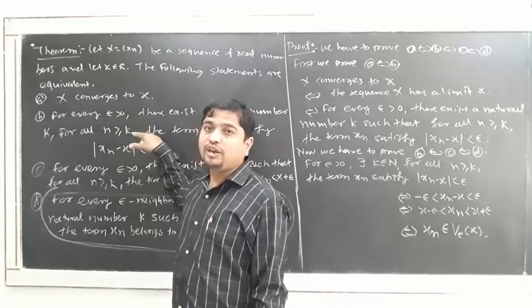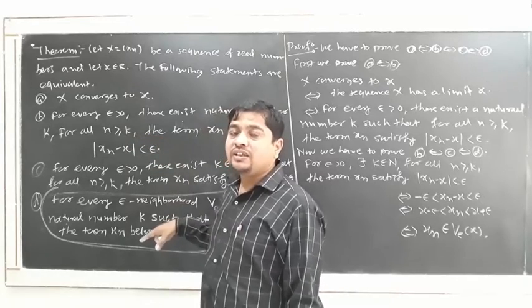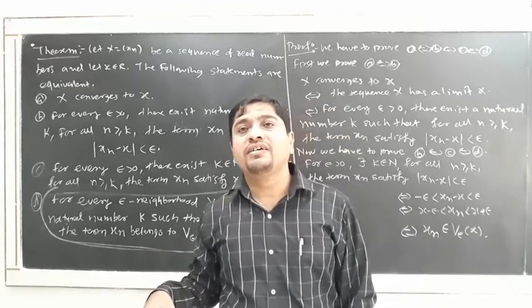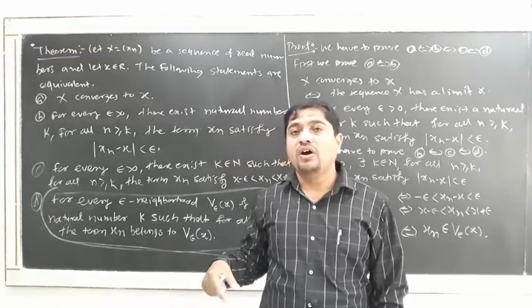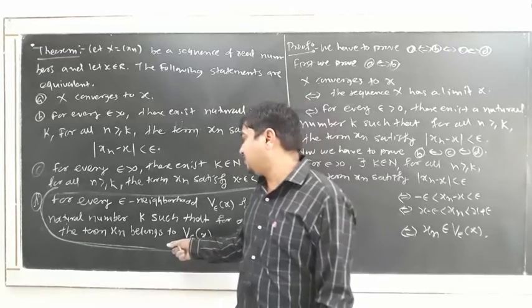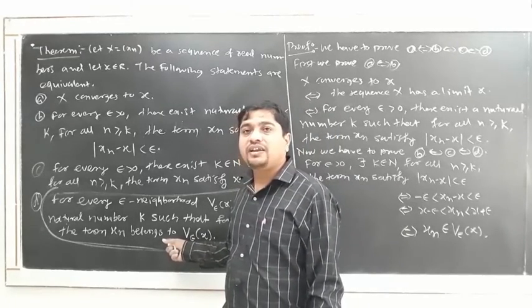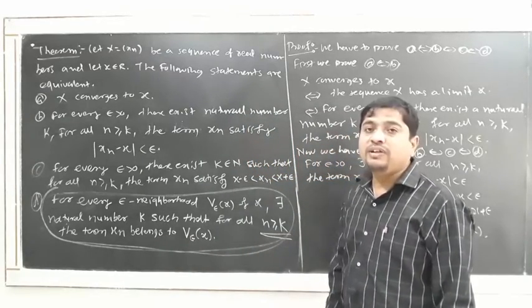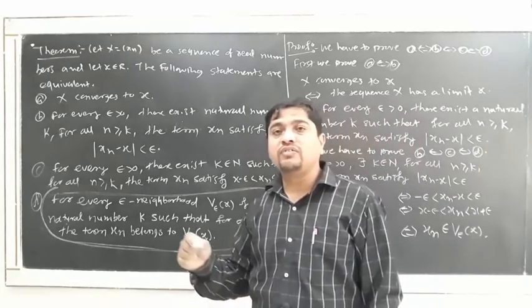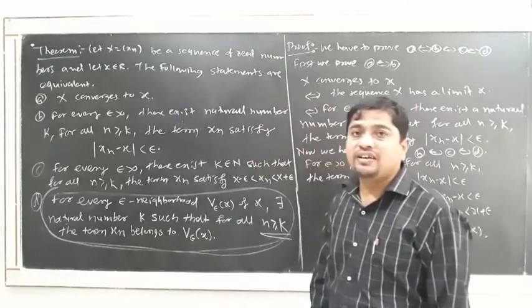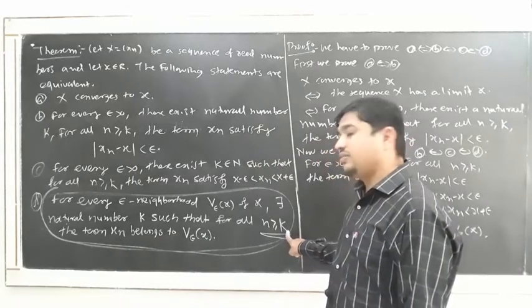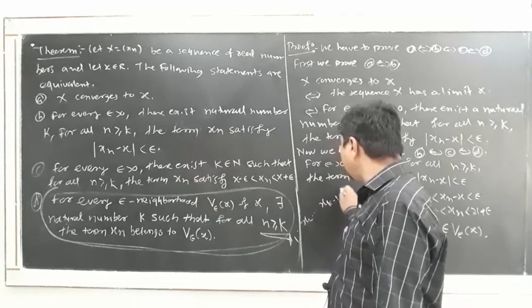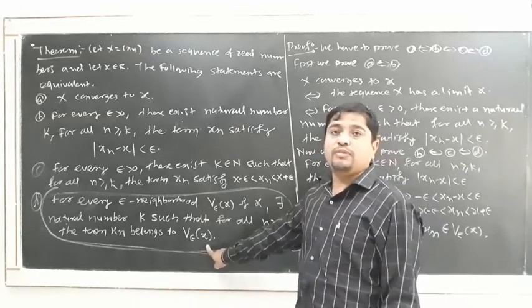There exists an epsilon neighborhood of x in which all the terms xn lie after the number K. That means some terms, x1, x2 and so on up to x(K-1), may not lie in this neighborhood.